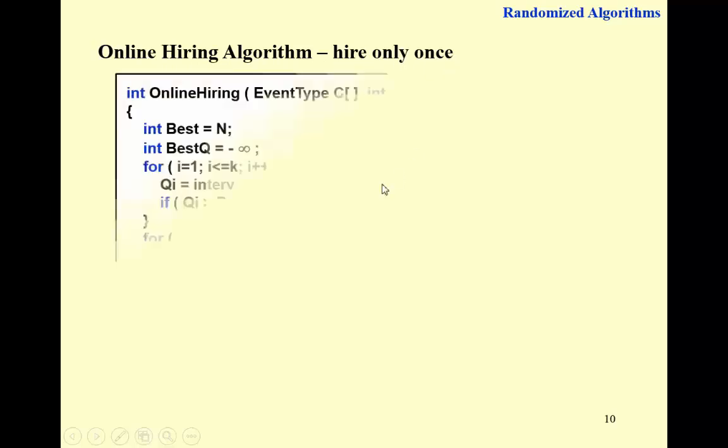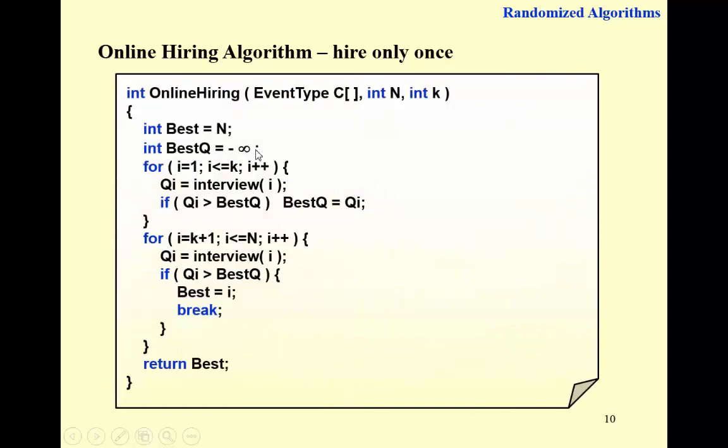The point of the online hiring algorithm is that we only hire once, and this is the pseudocode. At the very beginning, we assume that in the worst case, we have to interview everyone until the last one. So we initialize the best candidate to be the last one. And the best quality is defined to be something very low, negative infinity.